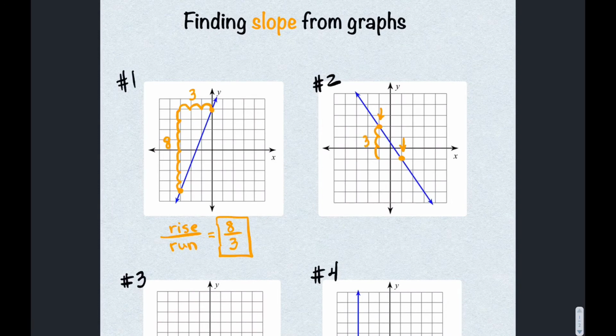And since we're going down, that's going to be a drop of 3, or -3. And then we go to the right, 1, 2. So if we use the idea of rise over run, the rise, which is actually a drop in this case, is -3, and the run is 2, and we'll just leave it as -3 over 2.